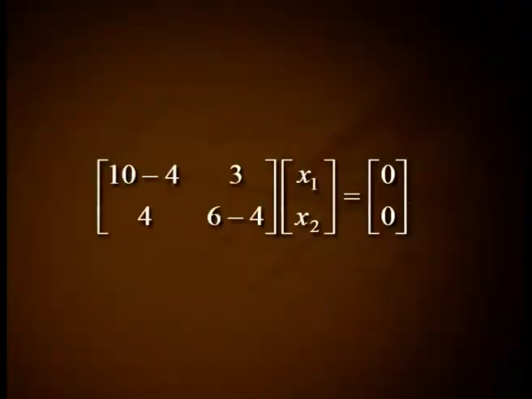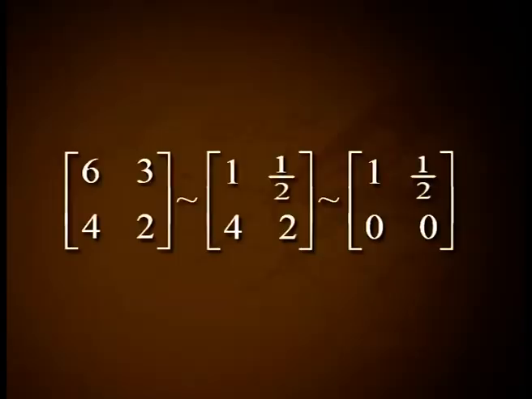Step 2. Determination of eigenvectors. Step 2.1. Determination of eigenvectors corresponding to the eigenvalue lambda equal to 4. The eigenvector x corresponding to lambda equal to 4 is obtained by solving (A minus 4 I) x equal to 0, that is by solving matrix [10 minus 4, 3; 4, 6 minus 4] times column matrix x1, x2 equal to column matrix 0, 0, that is by solving matrix [6, 3; 4, 2] times column matrix x1, x2 equal to column matrix 0, 0, equation number 6.